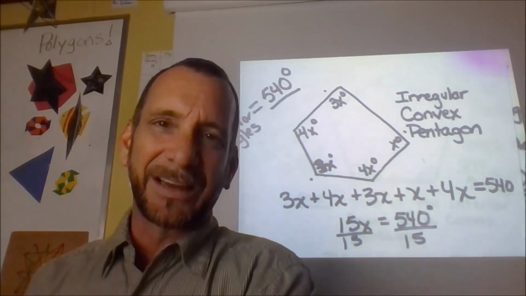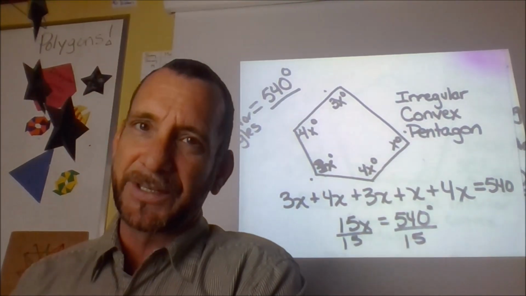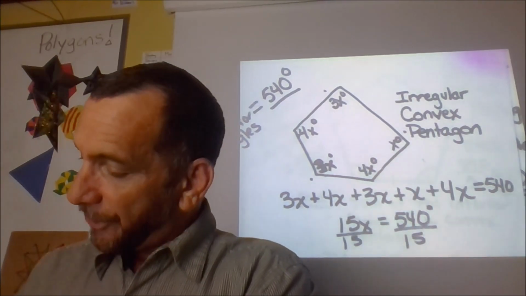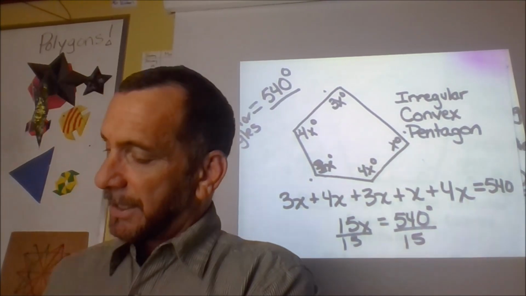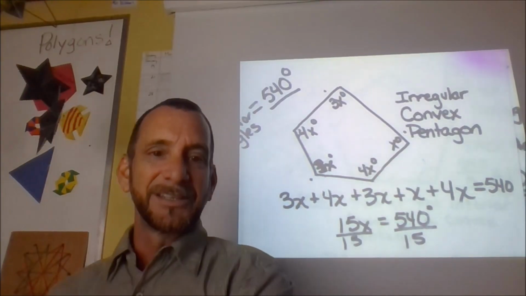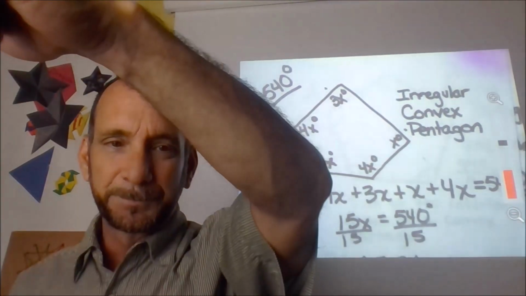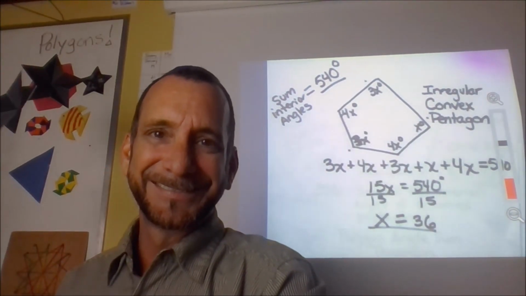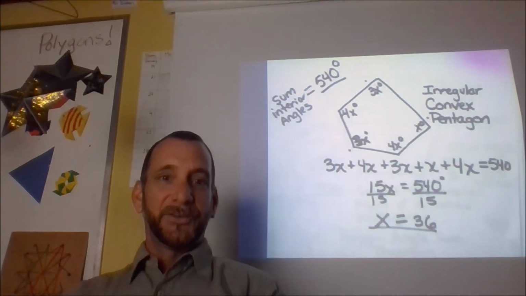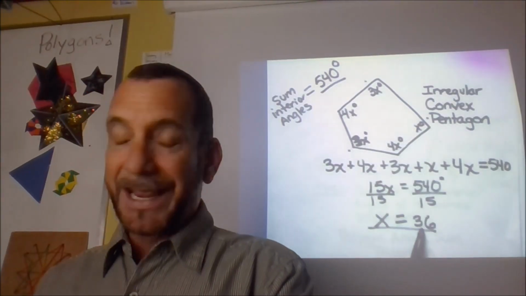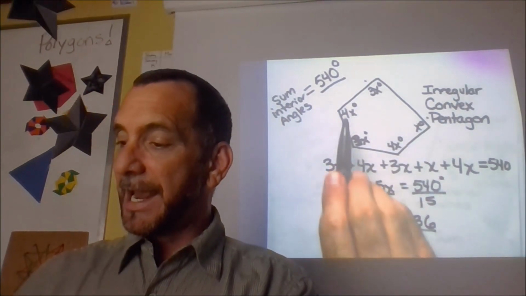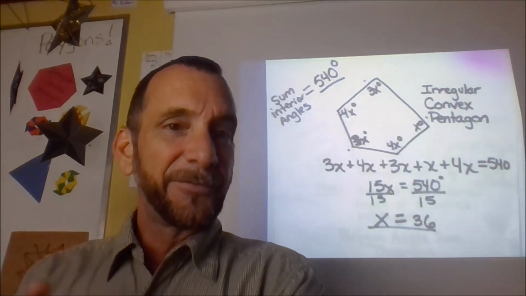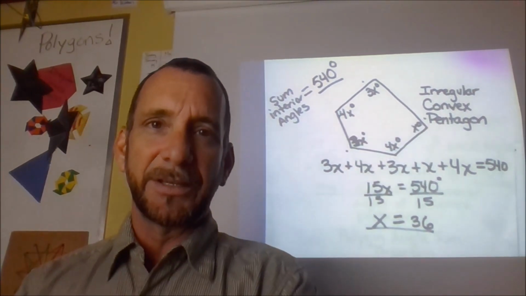I'm going to use my calculator because I don't want to waste too much time. And I'm going to say 36 is x. X is 36. Now, we're almost there. All we have to do is plug that x into every angle and find out what each angle is.